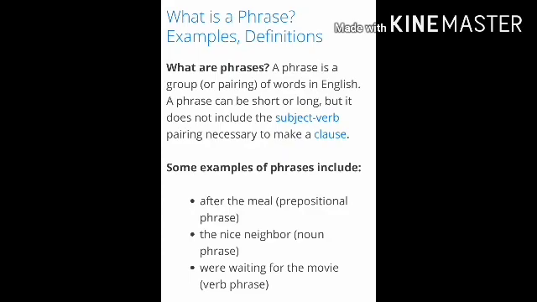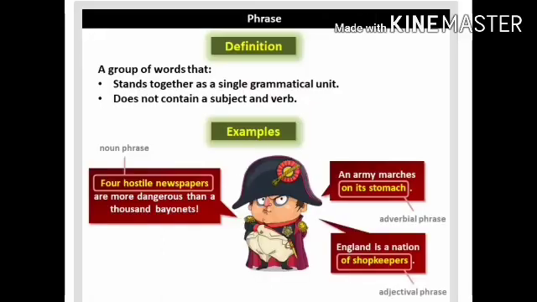Now let us see a beautiful picture. Here you can see the definition. Again, I repeat, it's a group of words, my dear student, which stands together as a single grammatical unit. That means it doesn't depend on others and does not contain a subject and a verb.